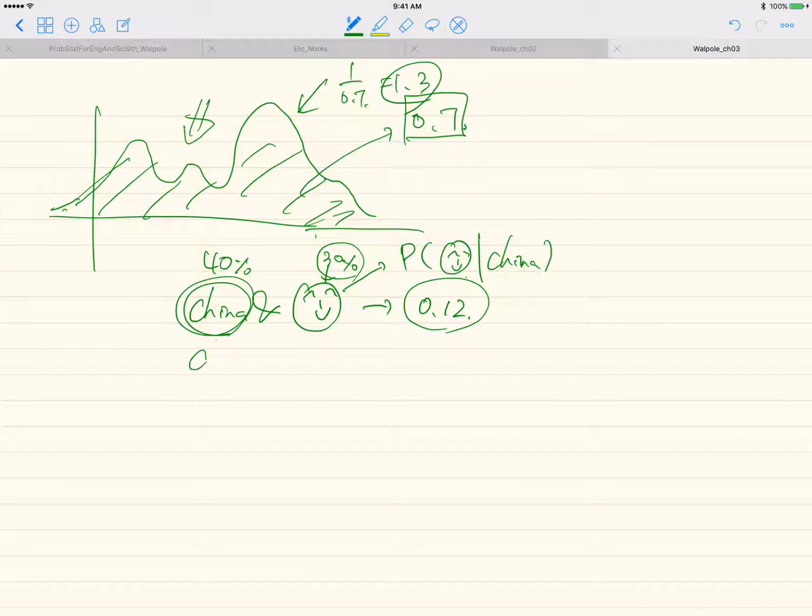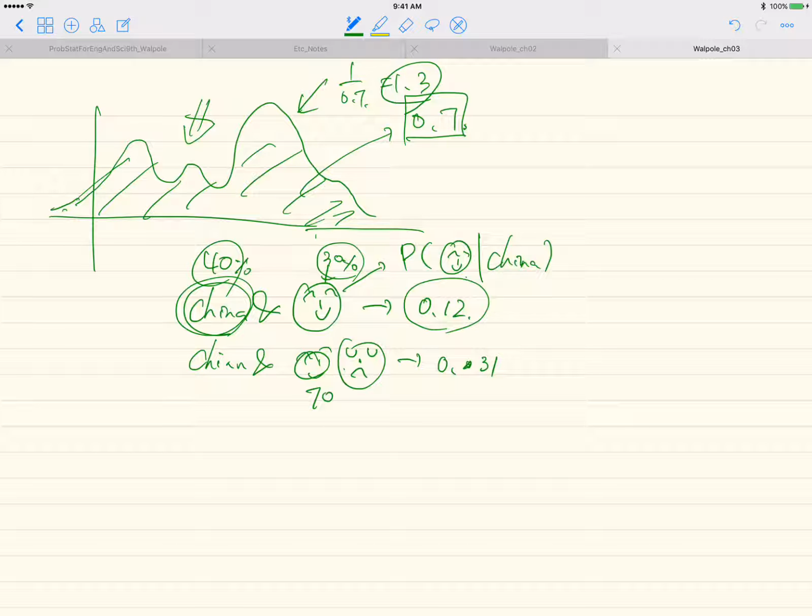Okay, and then China, and then faulty. For this probability, it should be 70.